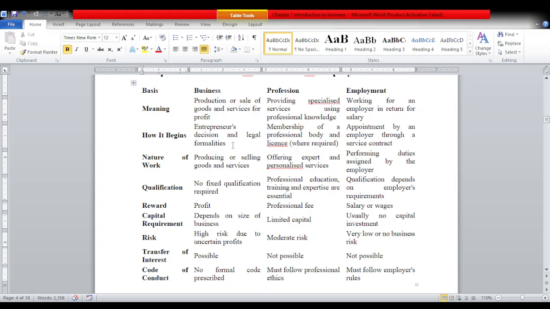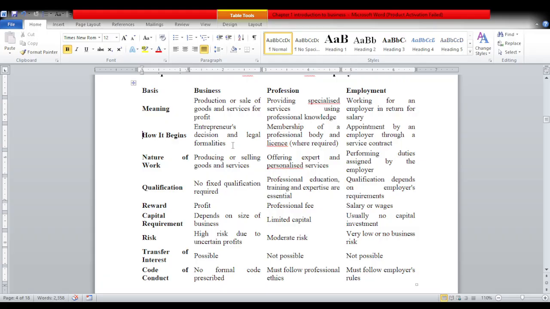In this way, they provide their services to their client. Sometimes they provide legal information to clients who want to set up their business and run it on a day-to-day basis. So professional services definitely need training, expertise, and education.